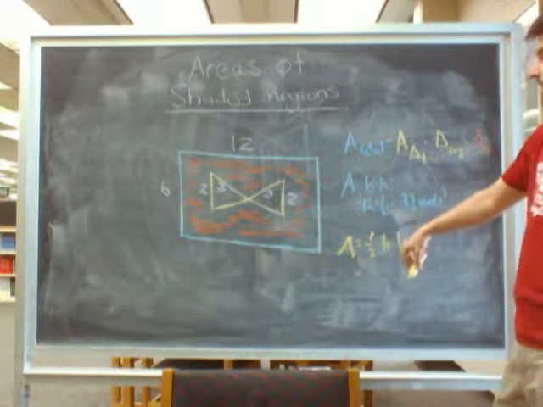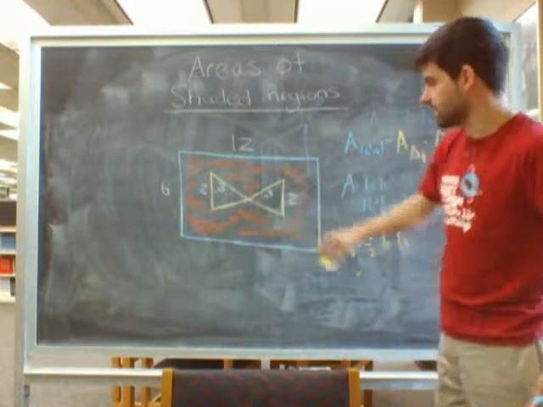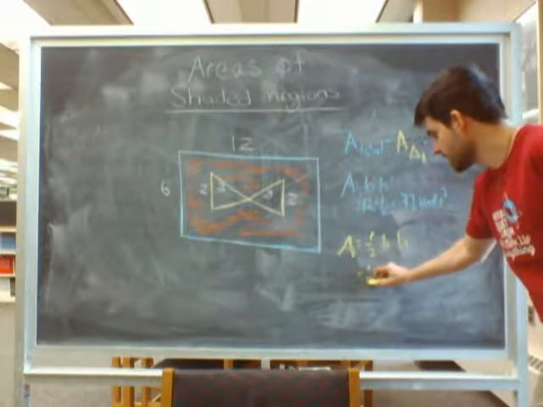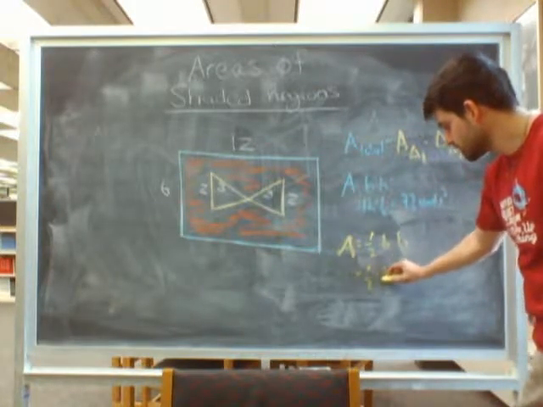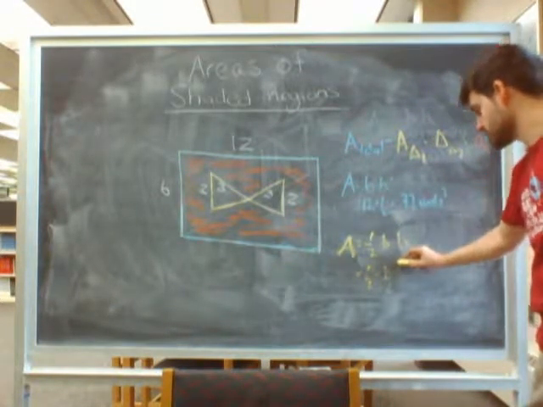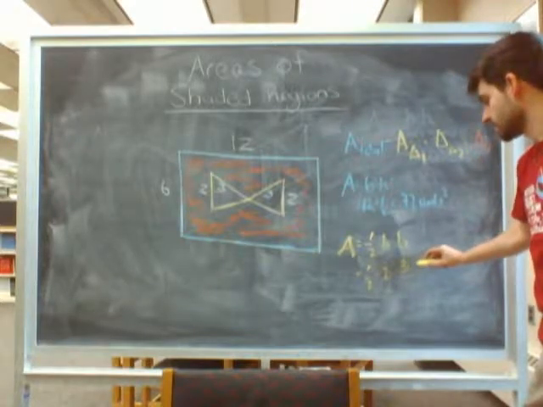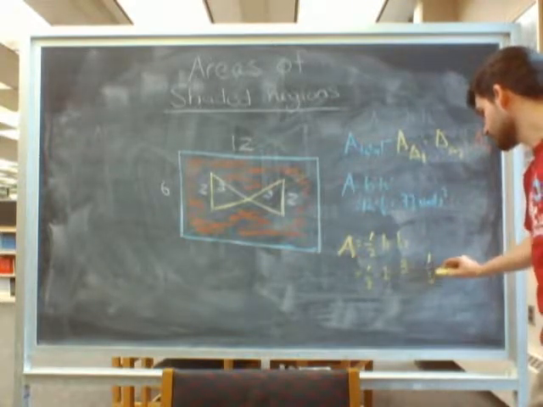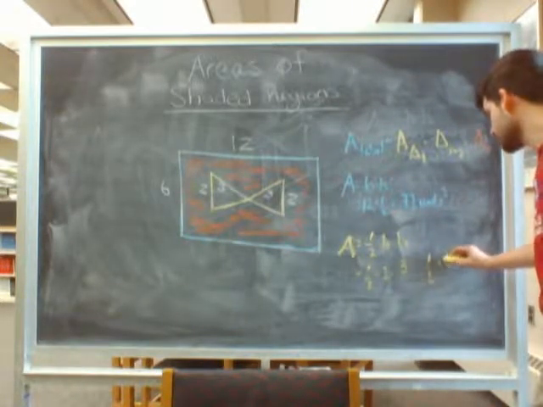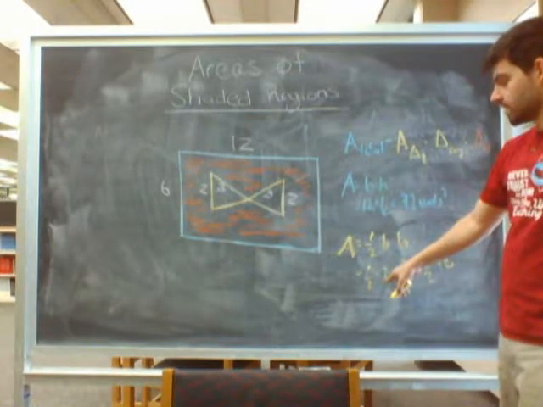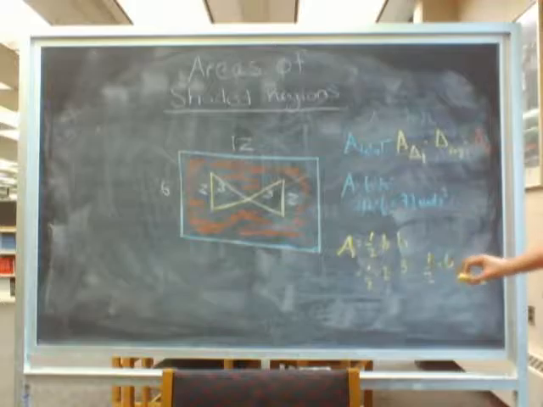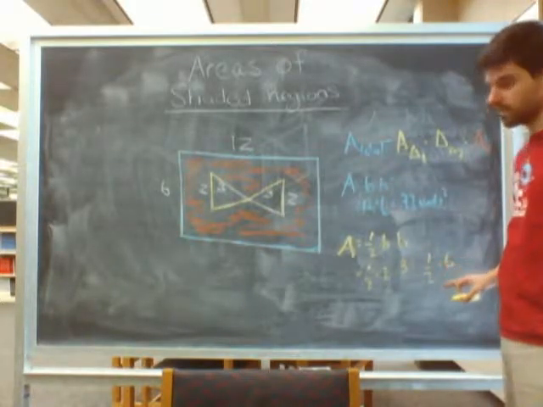So the area of a triangle is 1/2 times the base times the height. So we have 1/2 times the base, which is 2, times the height, which is 3, which is equal to 1/2 times 6. Going back to the previous videos, I like to do the base times height first, because then all you're left with is the half part times its product.